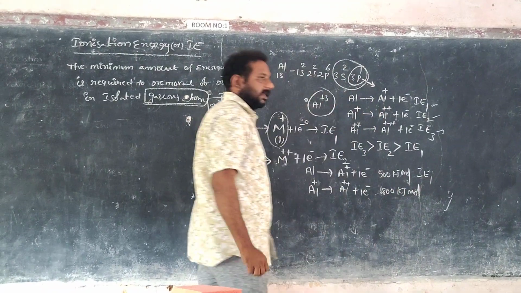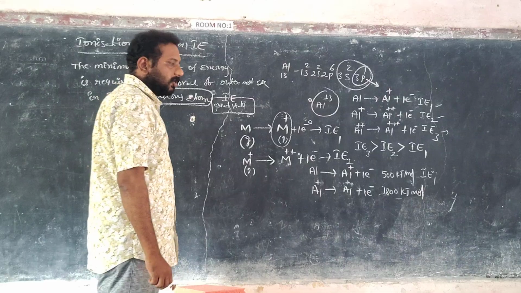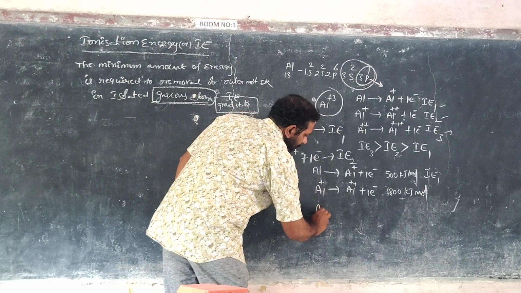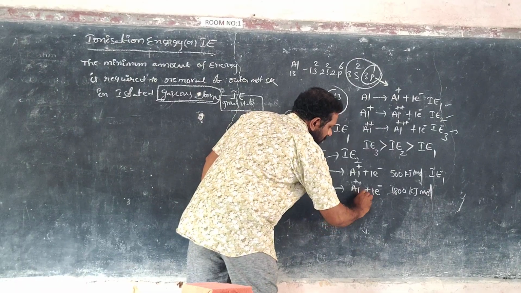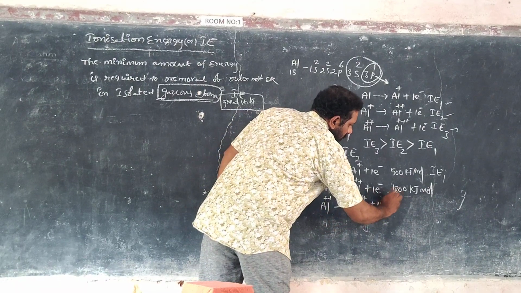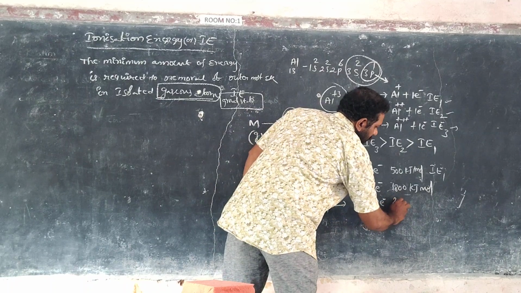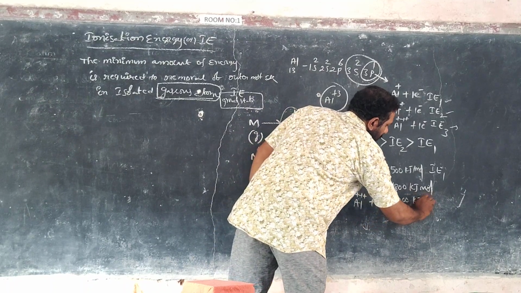Okay? From Al to Al plus, how much energy did we use? We used 500 kilojoule per mole. This is IE1. For Al plus to Al plus 2, 1800 kilojoule per mole of energy is required. Then from Al plus 2, one more electron is lost, finally giving Al plus 3, and 2000 kilojoule per mole of energy is required.